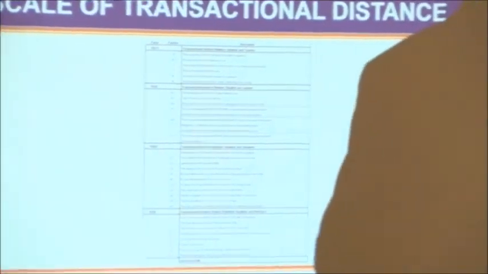You can read this, but the point is, this is essentially the instrument that we use, the scale of transactional distance. And for each of the questions, for each of the elements that you have, we ask which are the factors we would have to focus on to make changes. The question is, which of these factors has the greatest impact, statistically speaking, on student satisfaction?